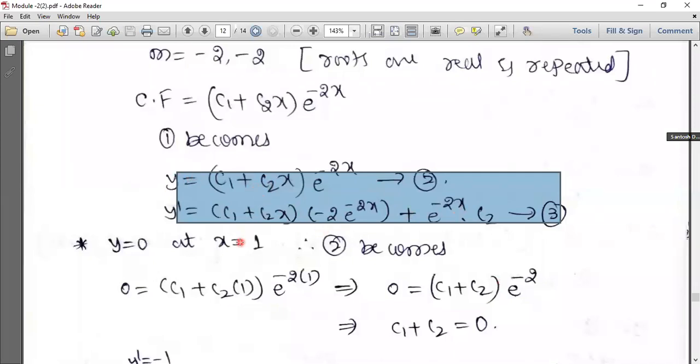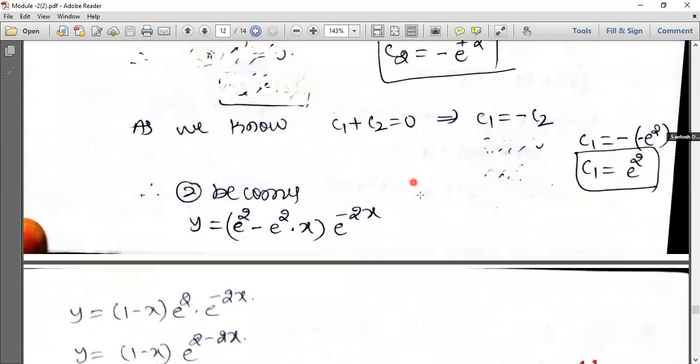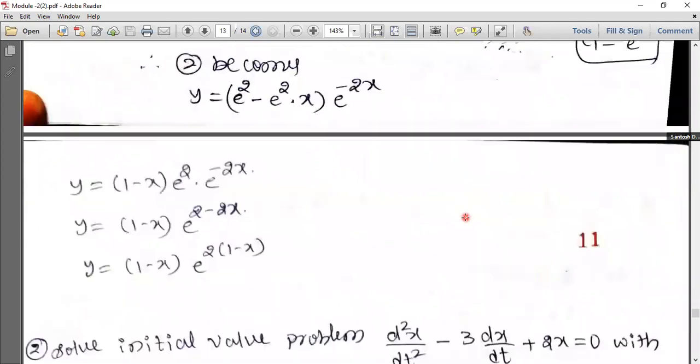They have given the conditions here, so after putting the conditions you get particular values for C1 and C2: the value of C1 is e square, the value of C2 is minus e square. Now it is independent of those constants. Therefore, it is called a particular solution.